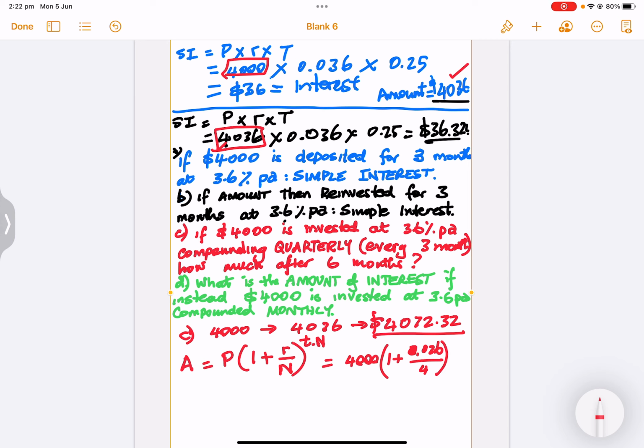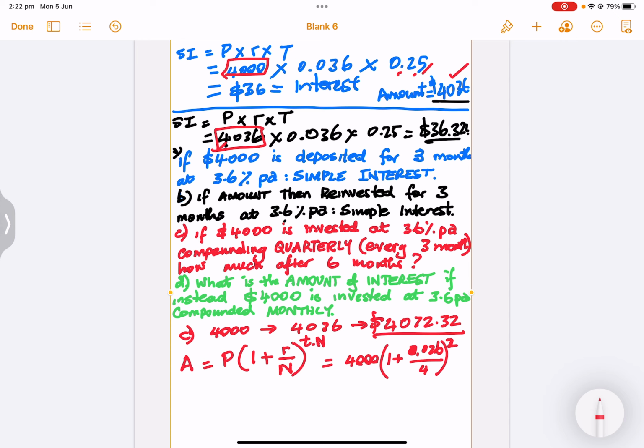And it's only a quarter of a year, which is a quarter times 4. It's only for one session, 2 sessions, a half a year divided by quarter. That's twice. So this is the number of quarters that we're going to be compounding. So it'll compound twice in 6 months.